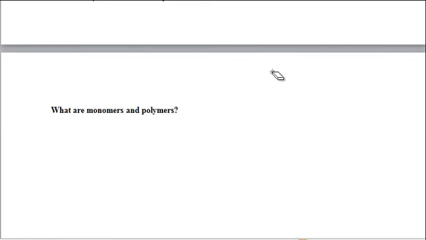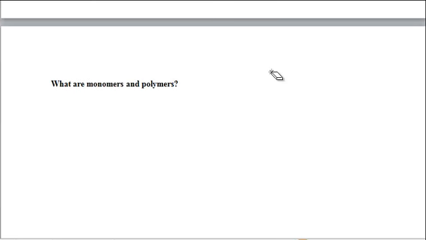Sorry. Okay. So closely related to this idea is the idea of what are monomers and polymers. If you're strong at English, you probably won't find this one too difficult.